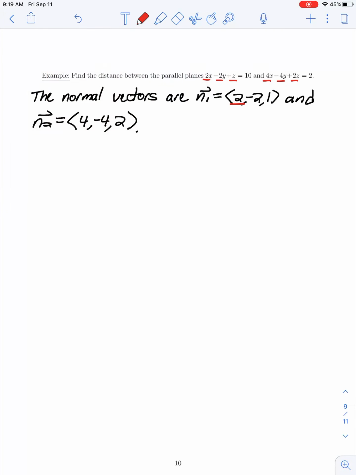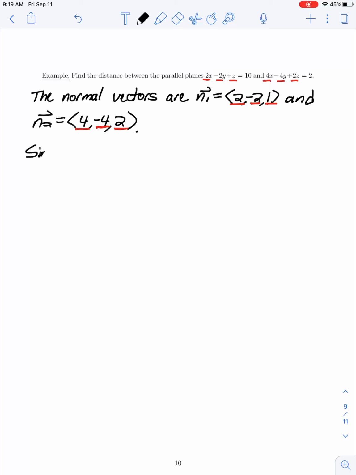So comparing the first components of these normal vectors, to get from 2 to 4, I would have to multiply the vector n1 by 2. So let's see what happens if we multiply the other components by 2. Taking -2 times 2 does give us a -4, and taking 1 times 2 does indeed give us 2.